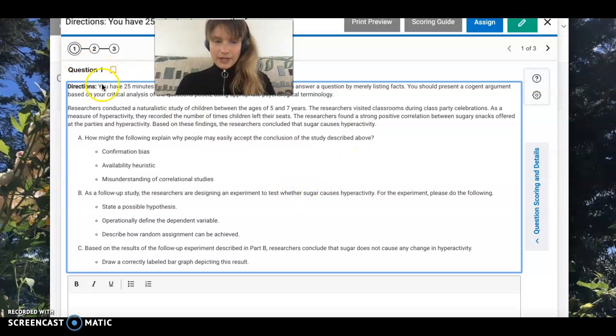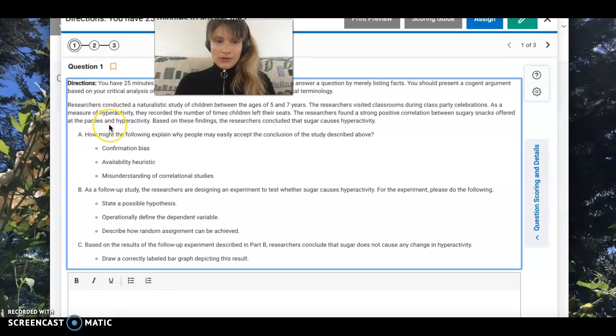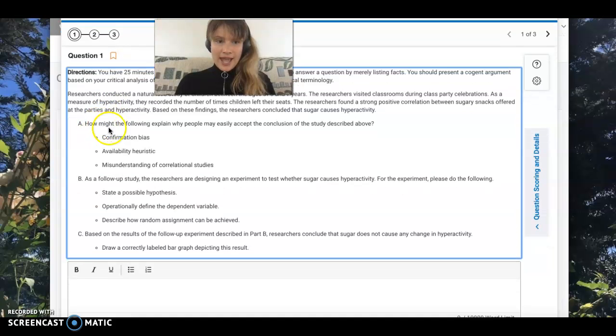Okay. So the first thing we're asked to do: How might the following explain why people may easily accept the conclusion of the study described above?